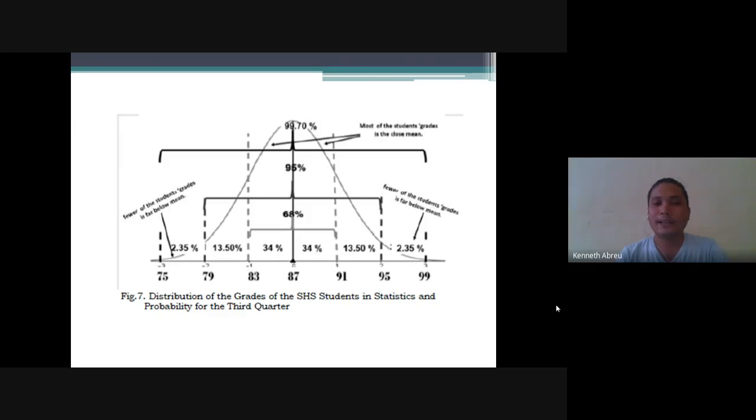Yan daw yung ating mga grades. So fewer of the students' grades are far below the mean, and then fewer of the students' grades are far above the mean. Okay? Kapag papalapit ng palapit dun sa ating mean, so ibig sabihin, pagtaas daw ng ating grades. Pero paglayo daw ng ating score sa mean, so ibig sabihin, pagbaba daw ng grades ng ating mga students.